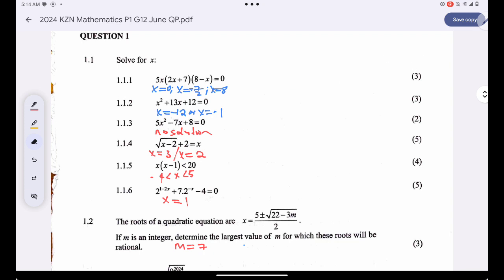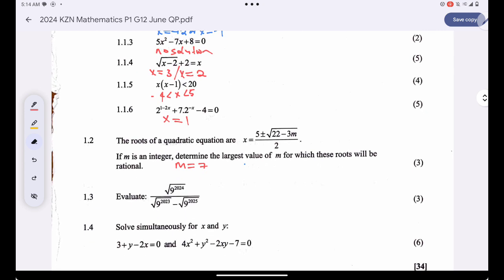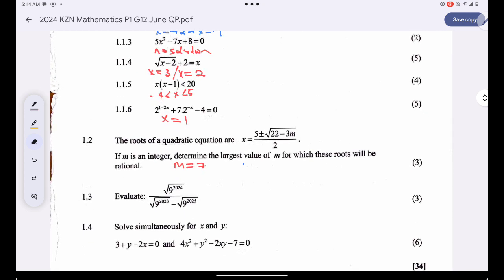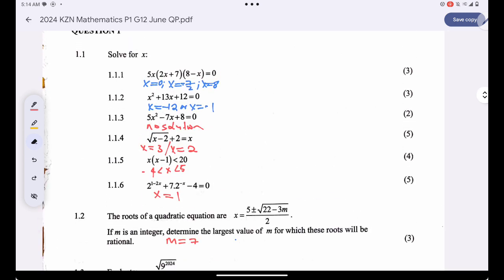Okay, and now let's do question 1.3. Evaluate that. They simply mean simplify, no?